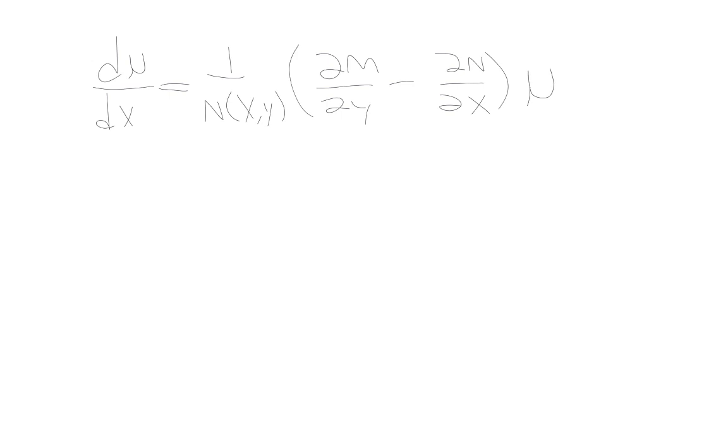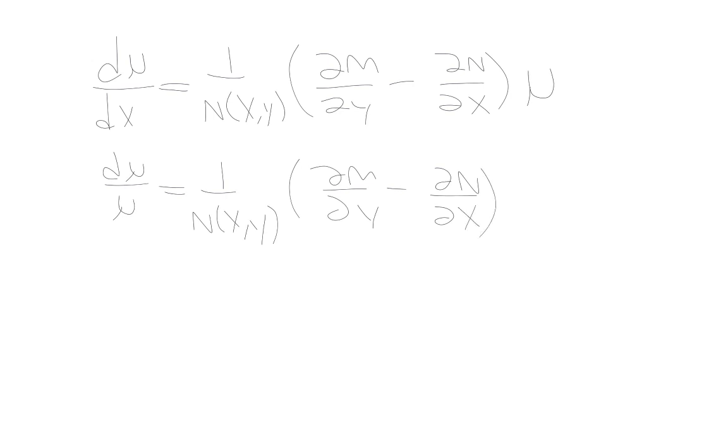And I'm going to quickly multiply out my dx and divide by mu. So I end up with d mu over mu equals 1 over N of x,y times all of this crazy stuff: partial M with respect to y minus partial N with respect to x.